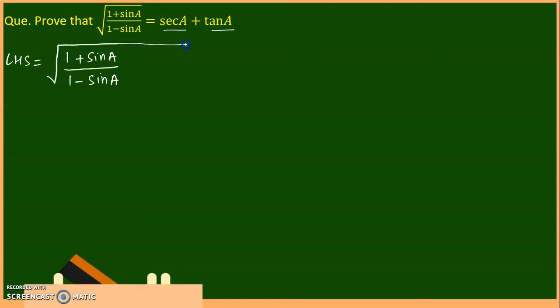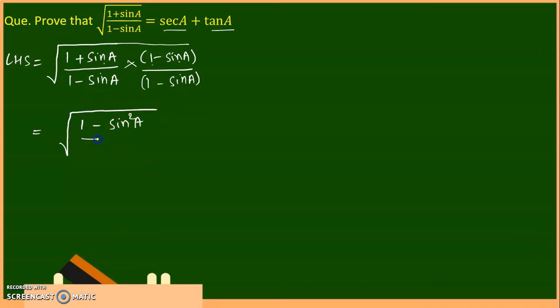So here if you multiply and divide this equation with 1 minus sin A, in the numerator we have (1 plus sin A)(1 minus sin A), so it becomes A plus B, A minus B, that becomes 1 minus sin square A, A square minus B square, and in the denominator 1 minus sin A multiplied with 1 minus sin A, that becomes (1 minus sin A) whole square.